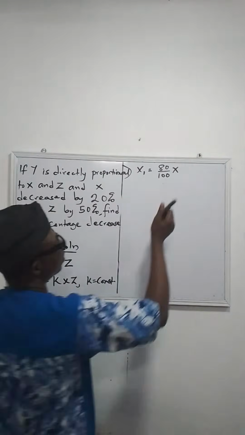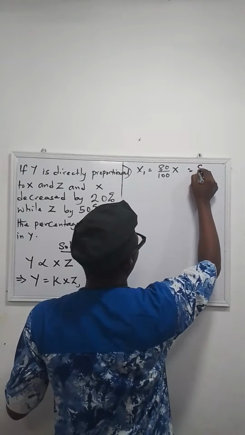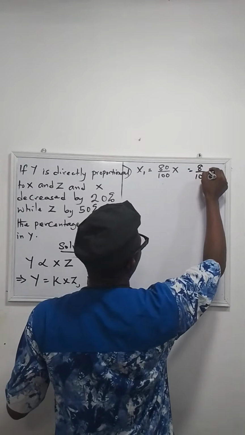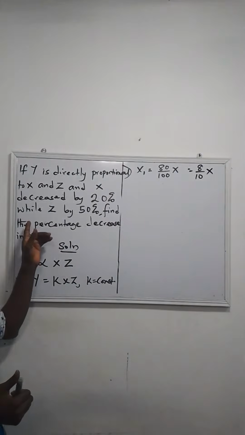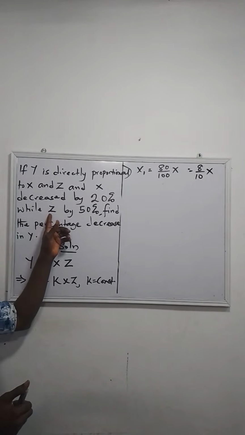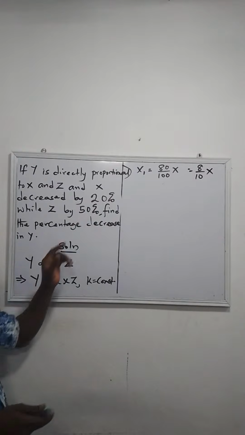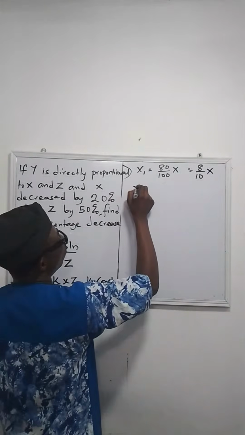And that is the same thing as 8 over 10 x. Now let's look at the second one. z decreased by 50%.